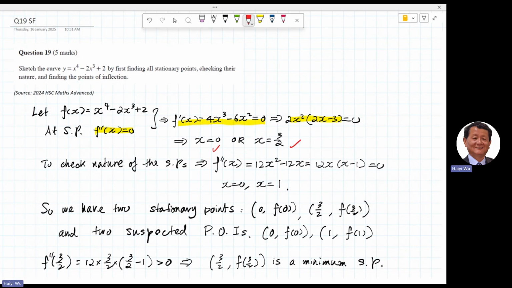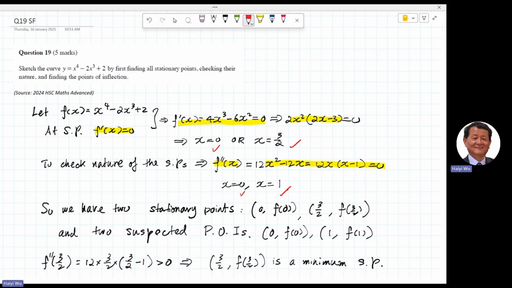So we need to do the double derivative to decide whether it's concave up or concave down. It's called concavity, and concavity is determined by the second derivative. Let's try to factorize the second derivative. Then we get two x values. One is 0, which is the same as the first one.